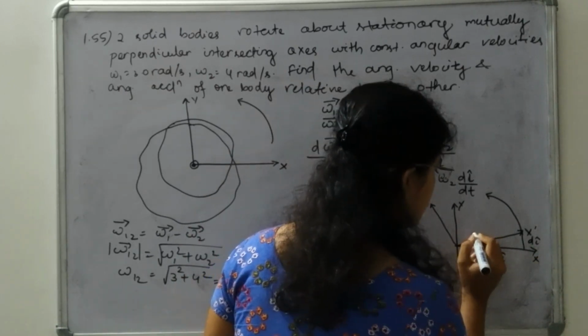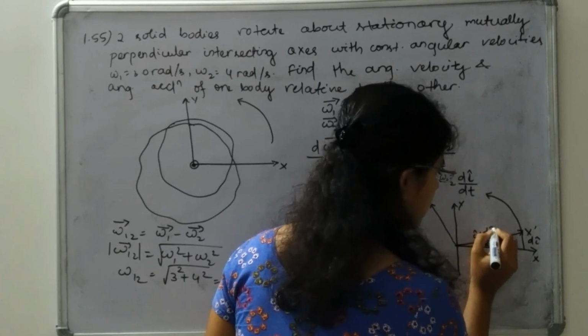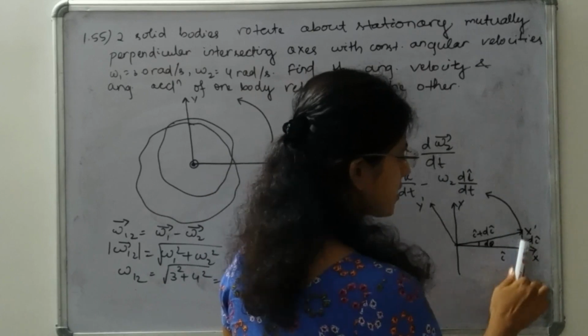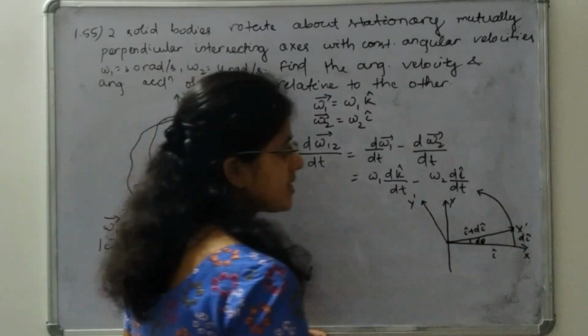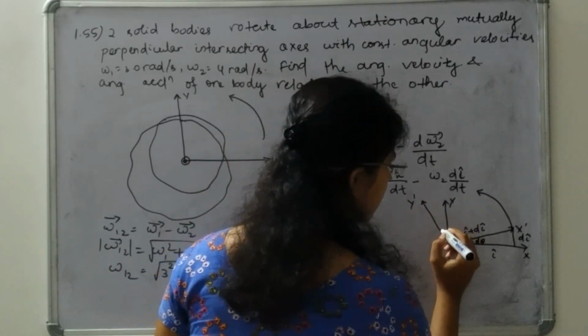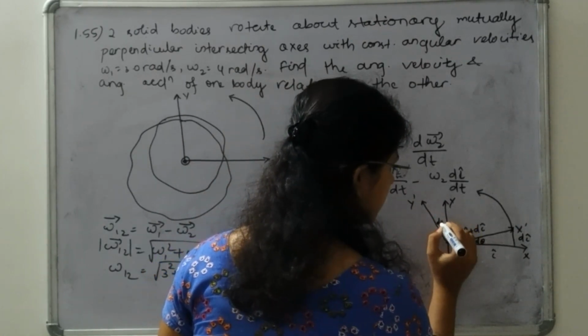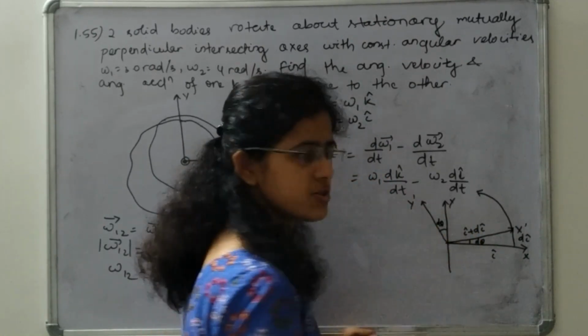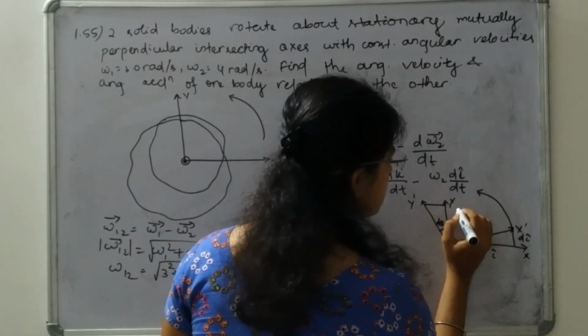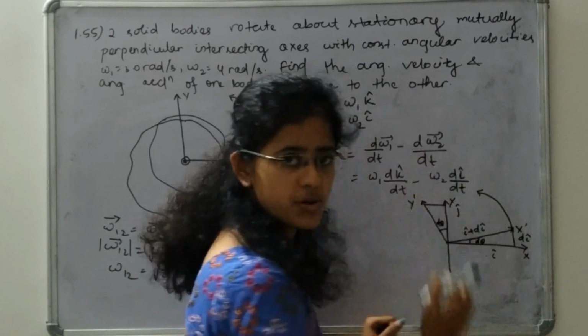So this is i cap plus d i cap in dt time. So this vector is d i cap. Now similarly in dt time, the y axis has also shifted by d theta angle. J cap is the unit vector along the positive y axis.